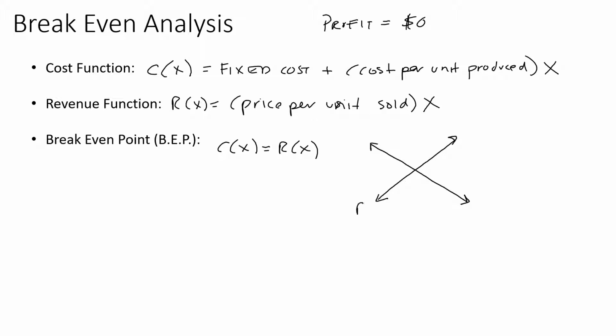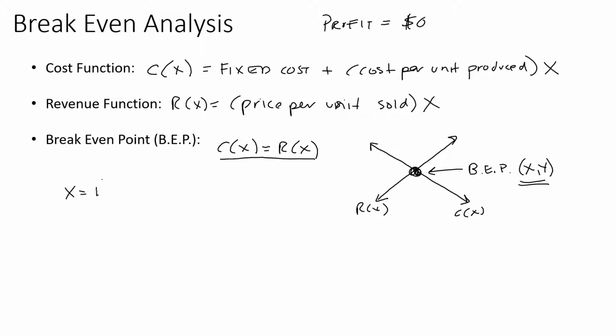So this is the revenue function, and this is the cost function. And then the break-even point is a point in two-dimensional space. It's where the cost and revenues are the same. Now this is a point in two-dimensional space, so it has an X and a Y coordinate.